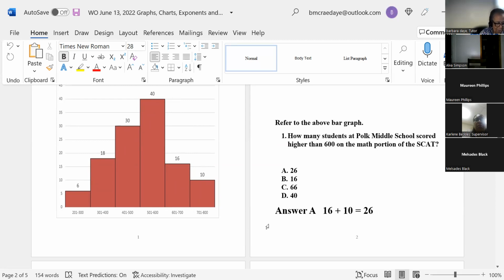That is correct. You had to add this bar total, this bar total, this bar total, because they all are greater than 500. You got it? Yes, thank you.